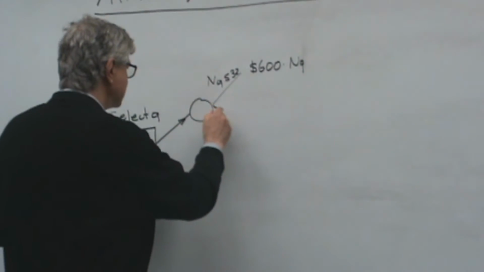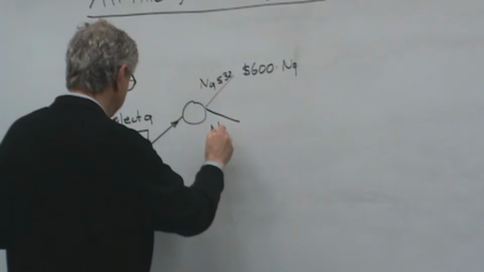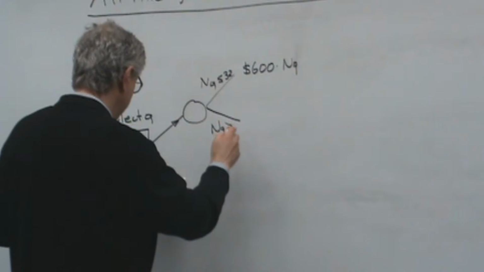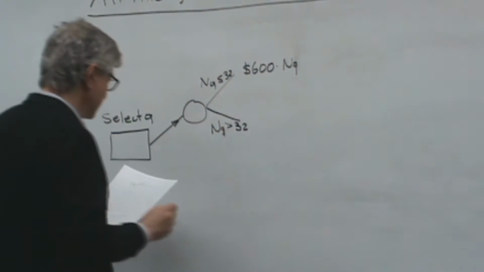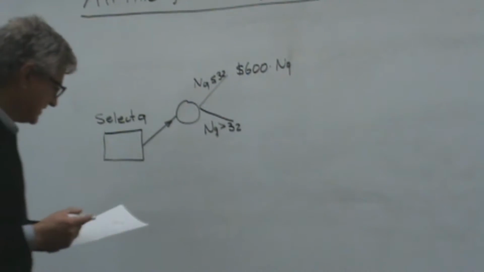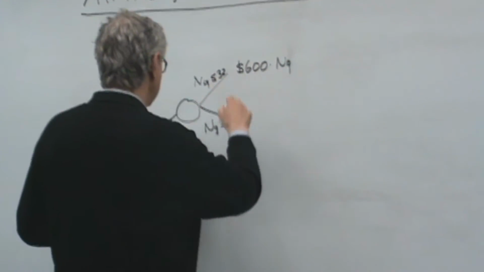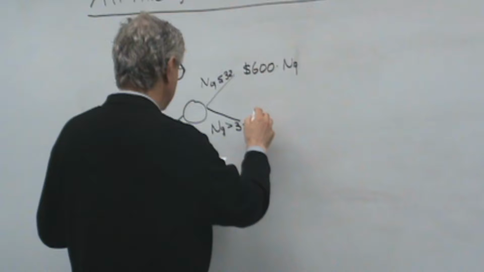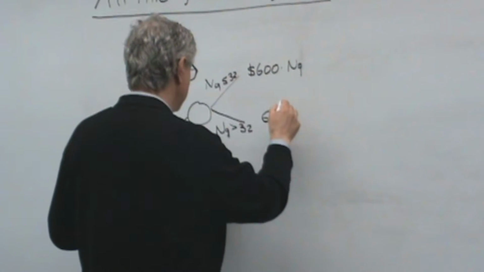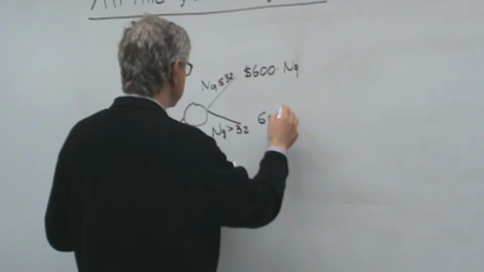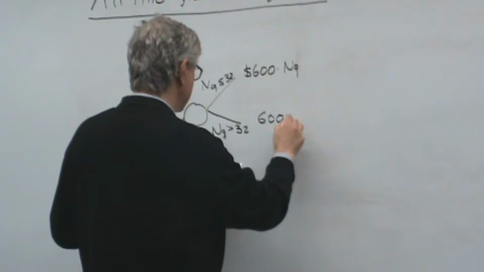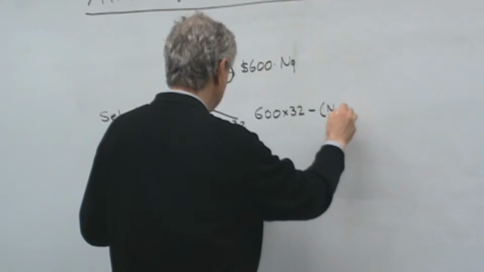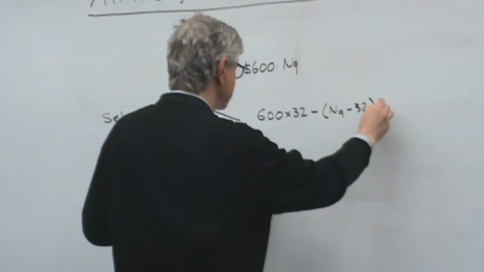If NQ is greater than 32, more customers showed up. Then the profit, if we bump up the reservations, will be 600 times 32 minus (NQ minus 32) times 300.